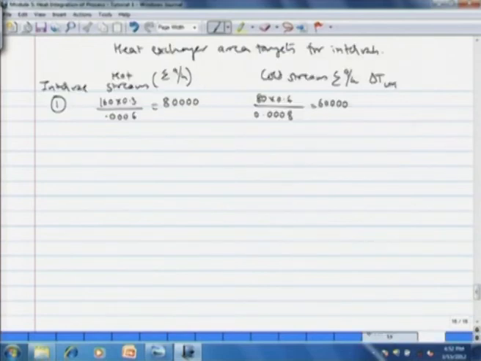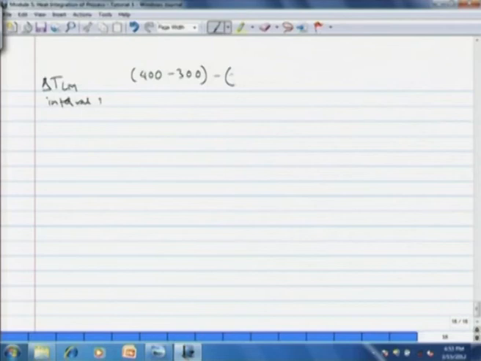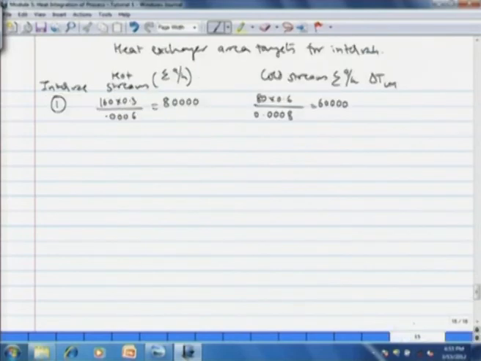Similarly, we have 240 and 220. 240 exit temperature of hot stream, 220 entry temperature of cold stream. So 240 minus 220 divided by ln of 400 minus 300 divided by 240 minus 220. So this turns out to be 49.7. So that point we note here 49.7.